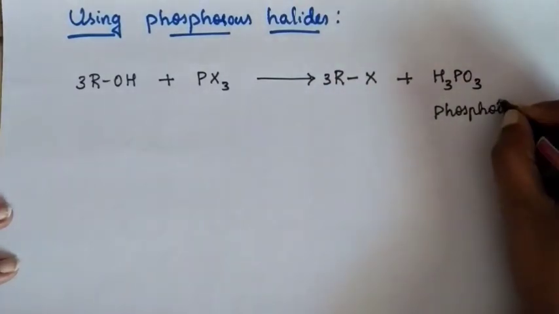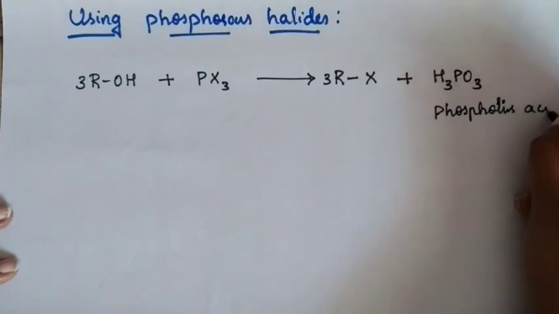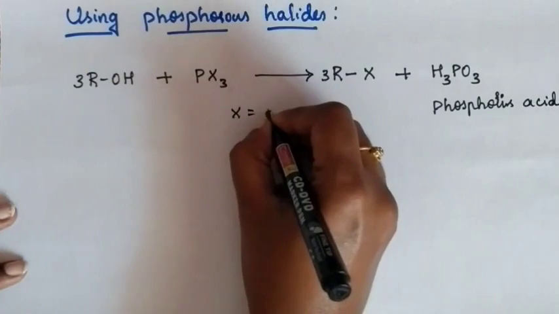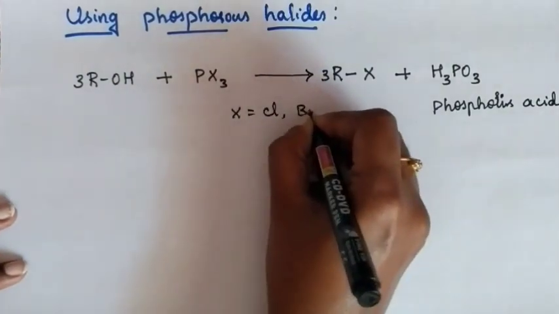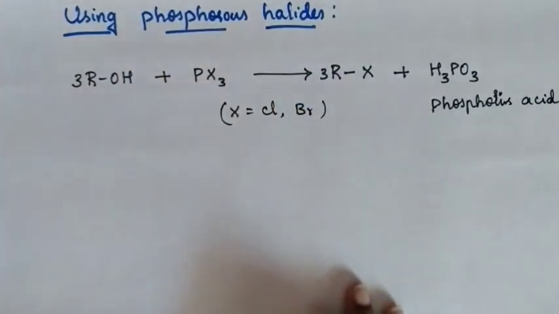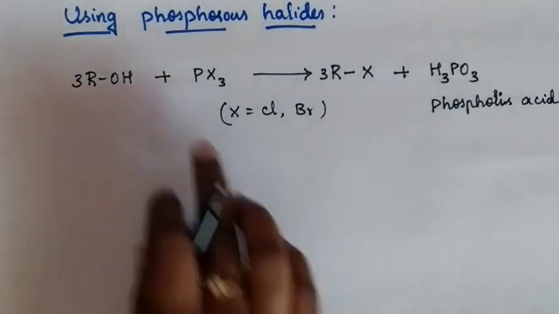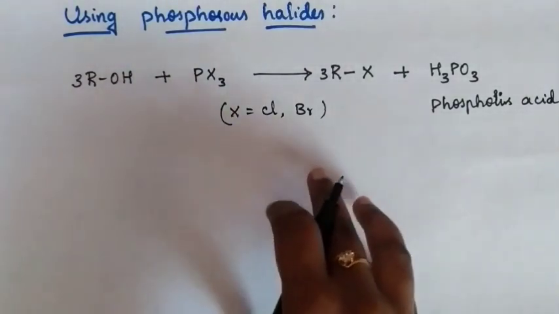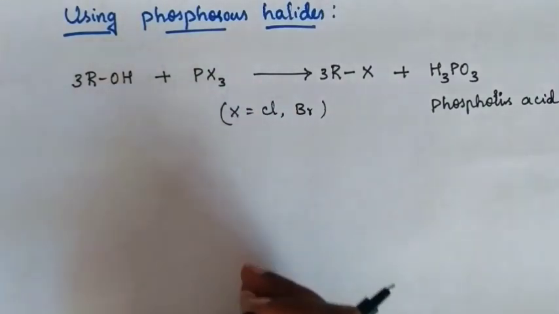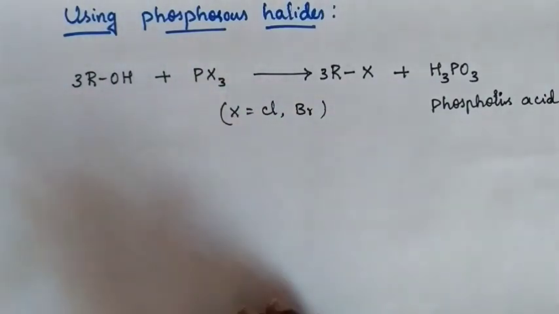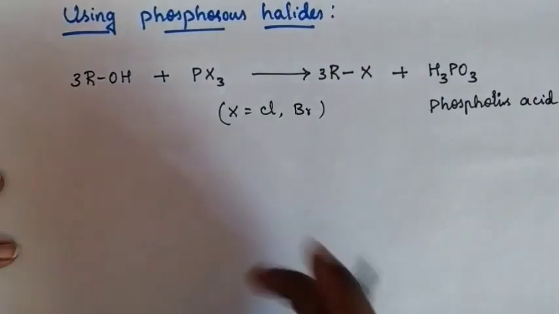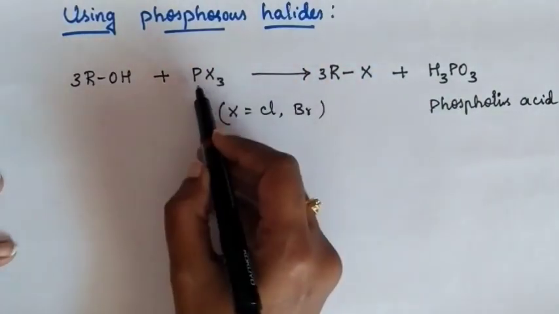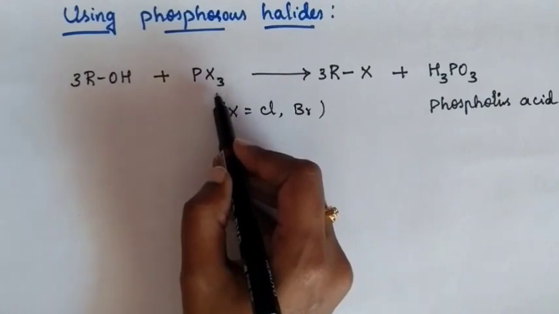In this case, X can be Cl or Br. This is not for fluoride or iodide. For iodide, we can also prepare alkyl iodide, but we must use some other condition. We will discuss that again in the same class. For this process, we are going to use either chloride or bromide as PX3. Understood?